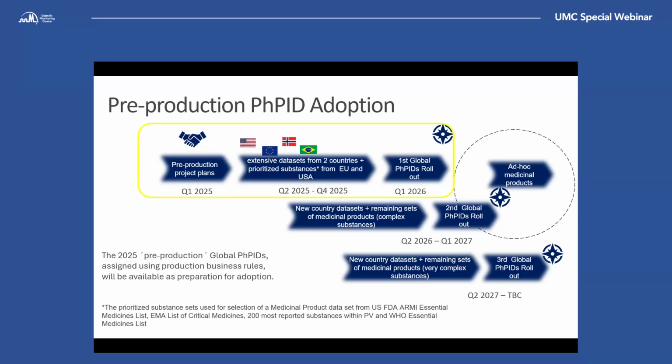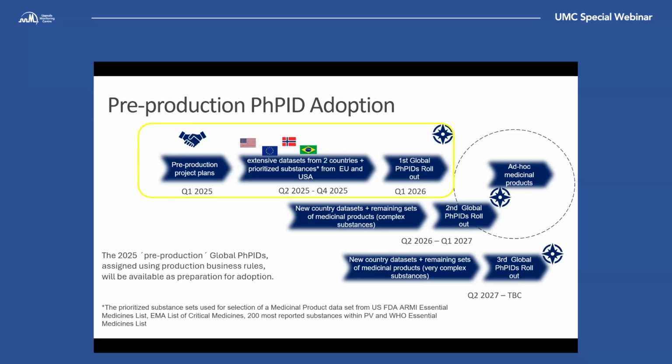From there, the rollout will expand, and in early 2026 to Q1 2027, we'll bring new participants, new countries, new data sets, and perhaps even addressing the remaining sets with a little more complex substances or formulation, leading to the second PhPID rollout.